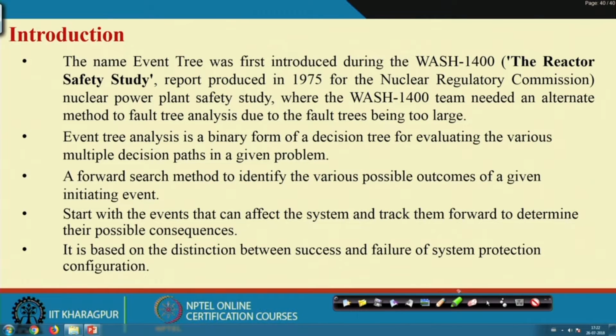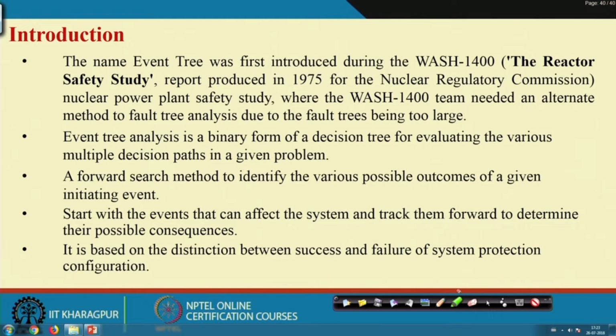Obviously, you have seen already that for the simple gas oven in a kitchen, we have developed the fault tree, and you have seen that because of its nature, it can become a very big one if you consider a large system, or even a medium large system.